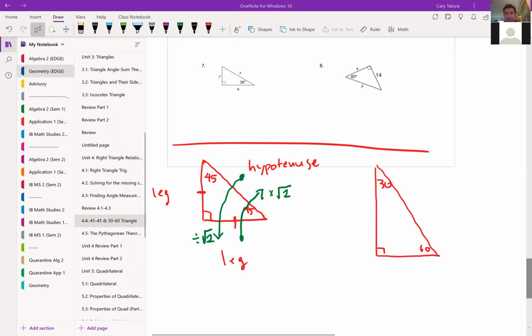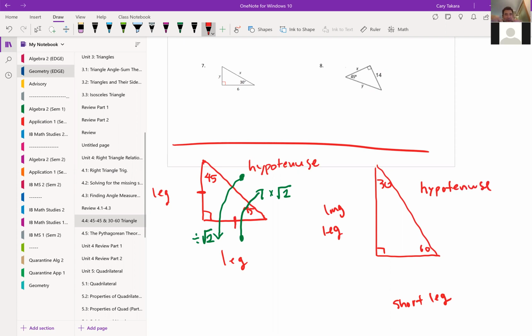So for the 30-60 triangle, there are two pairs of going back and forth. One is from the short leg to the hypotenuse, or the short leg to the long leg relationship.